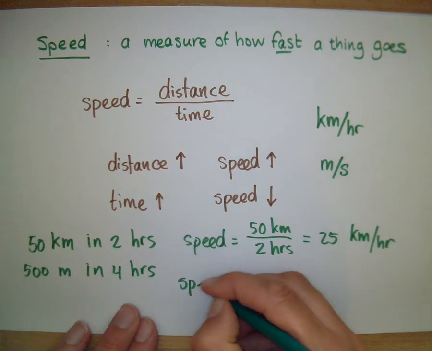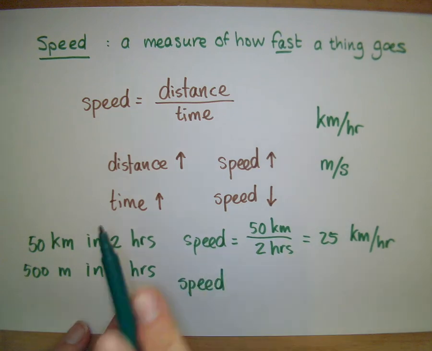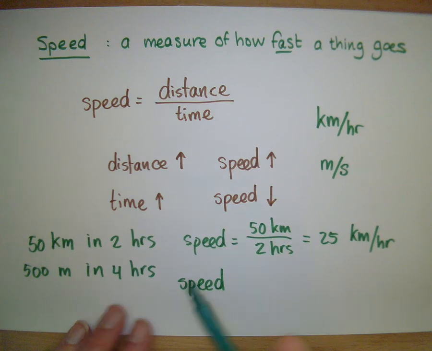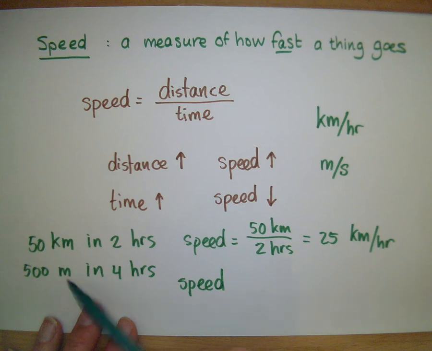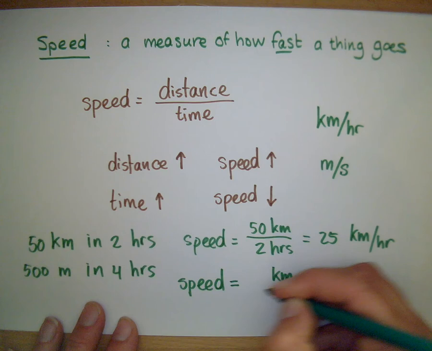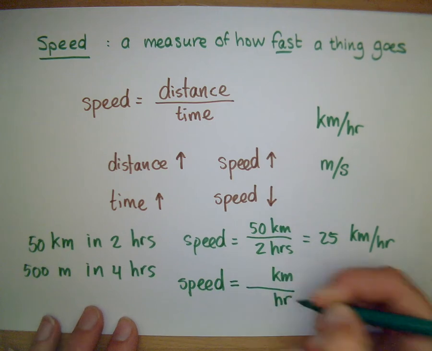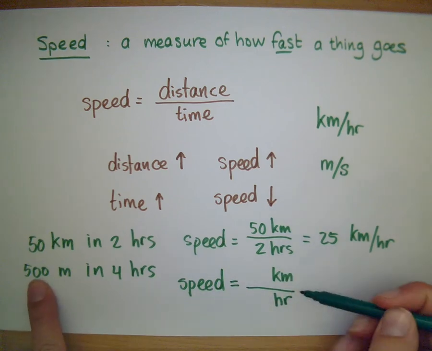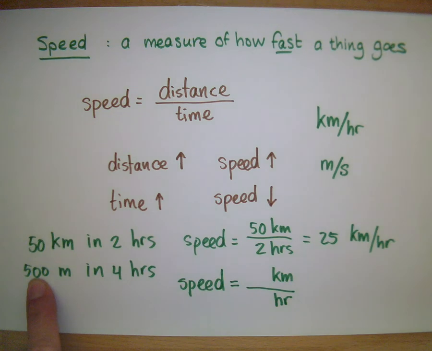If I said I went 500 meters, not kilometers, but meters, in 4 hours, and someone asked me what my speed was in kilometers per hour, I would notice, wait, I have meters here, but they want my speed in kilometers per hour. So I'm going to have to change my 500 meters into kilometers.